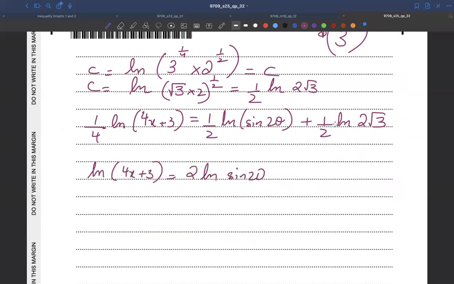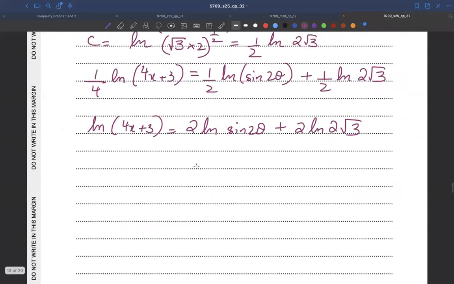And then 4 multiplies by 1 upon 2 over here as well. So that will be 2 ln of 2 root 3. Now, before we simplify, we can write it as ln of sine square 2 theta, as this 2 becomes a power, and ln of 2 root 3 whole squared.